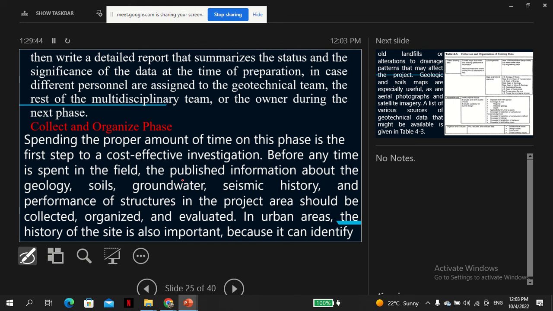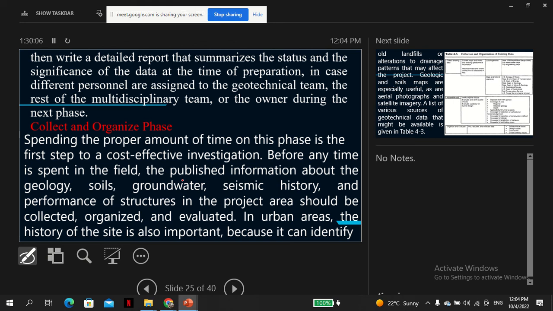Spending the proper amount of time on this phase is the first step. Yes. So for each phase you have to allow enough time, whether it's the phase for investigation, the phase for design, or the phase for implementation, so that you don't allow room for mistakes.